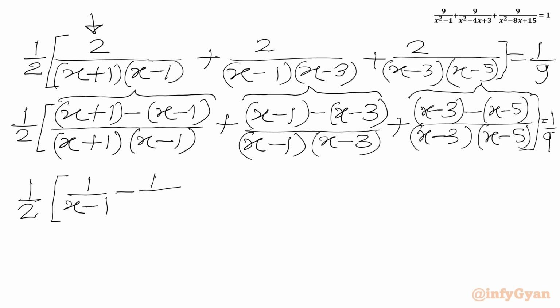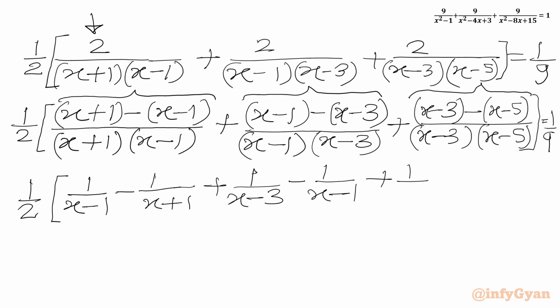We will write 1 over x plus 1 plus x minus 1 will be cancelled out. We will write here 1 over x minus 3 minus x minus 3 will be over. We will get 1 over x minus 1 plus x minus 3 will get over. We will get 1 over x minus 5 minus 1 over x minus 3 will be equal to 1 over 9.